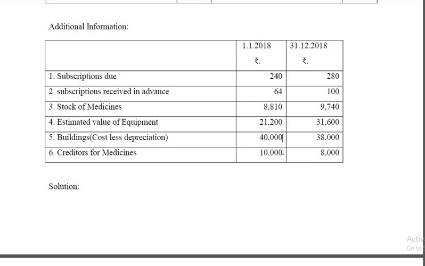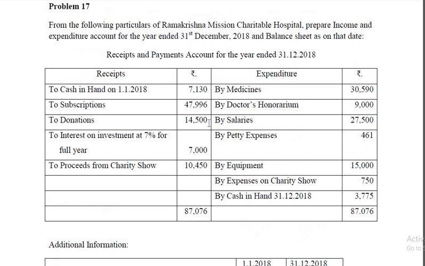Creditors for medicines, I already told you, this will come to the opening balance sheet, liability side, and 8,000 will come to the closing balance sheet, liability side. Come to the receipt side here. Cash in hand, this will find its place in the opening balance sheet asset side, whereas cash in hand at the end will come to the closing balance sheet asset side.